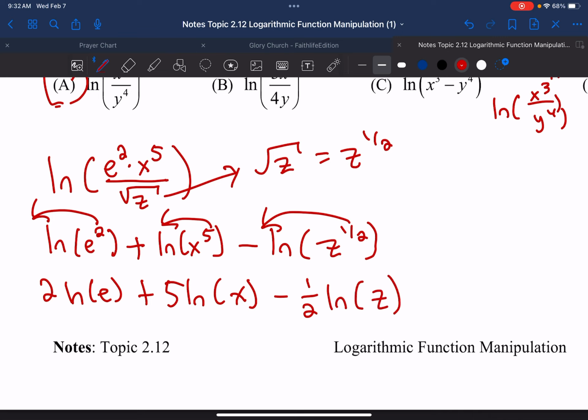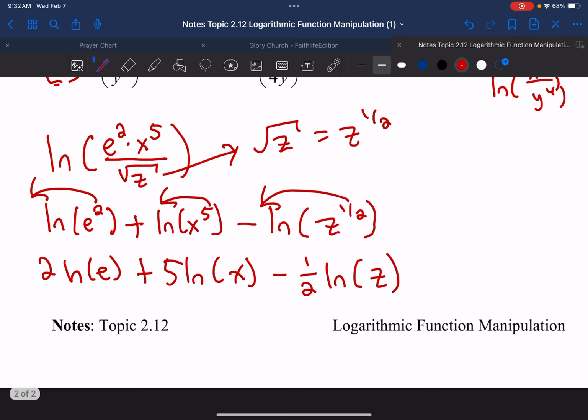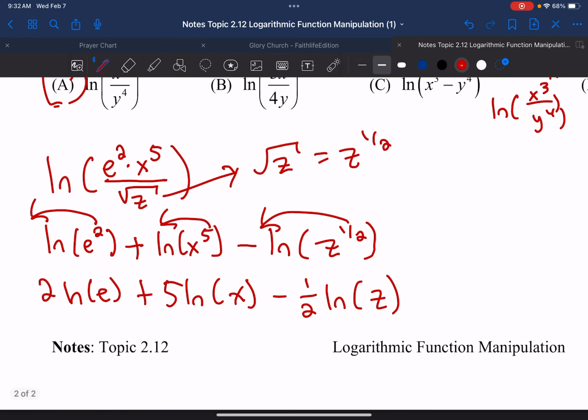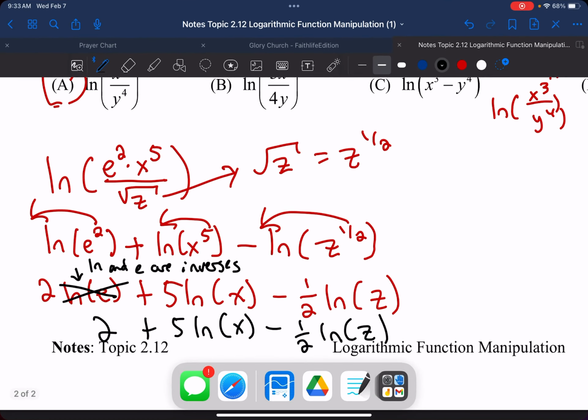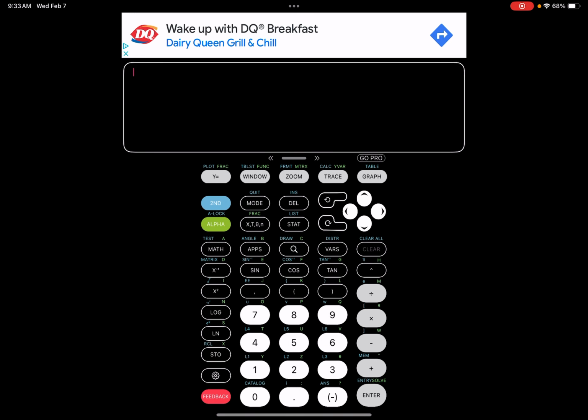And notice here, you're mostly simplified. What I would go ahead and do though is, ln and e are inverses. So these are going to cancel out. So I can simplify this to 2 plus 5 ln of x minus 1/2 ln of z. And to show you what I mean with ln and e canceling out, let's go ahead and type that in my calculator just to prove it.